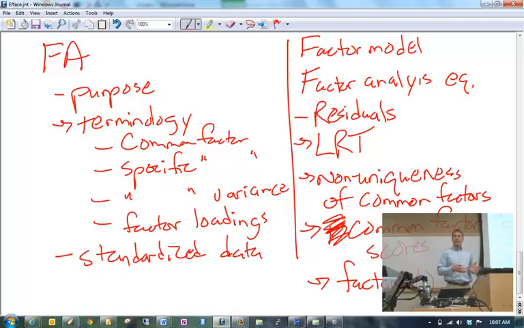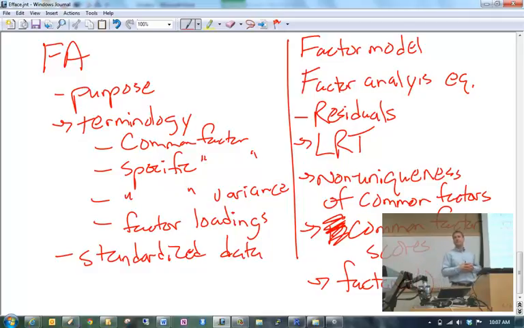Of course, then the question is, are those smaller number of common factors really representing your data? So, let's say that you do choose a number of common factors that is reasonable and you don't get convergence. That means you can't use that particular model. What can you do? Maybe use a smaller number of common factors again, or if that's not satisfactory, you might not be able to use factor analysis.